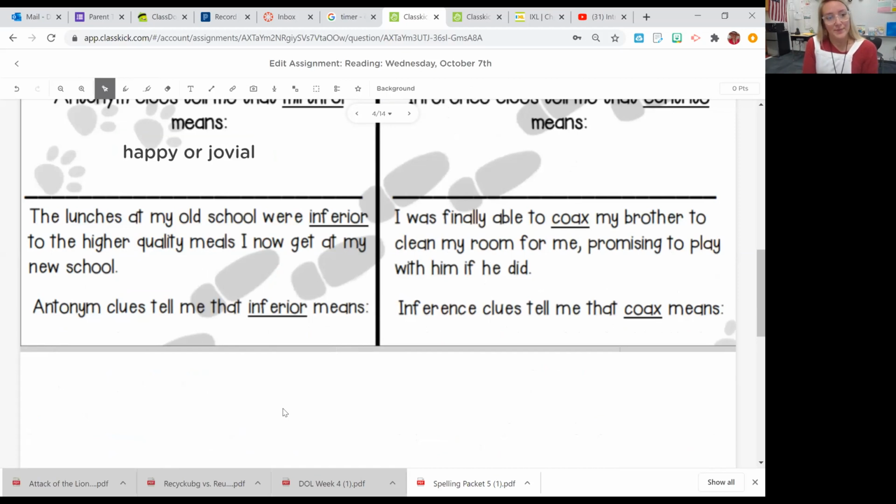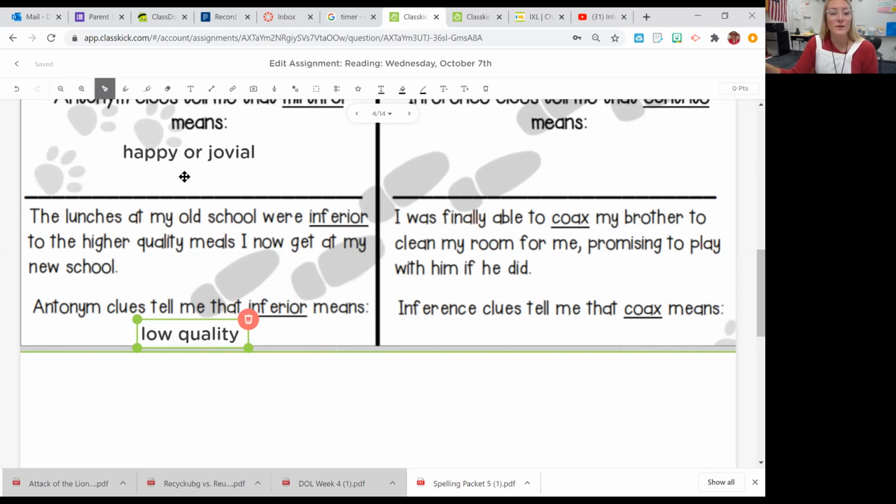Number 3, the lunches at my school were blank to the higher quality meals I now get at my new school. So the opposite of high quality would be low quality, right? So maybe that means at our old school.